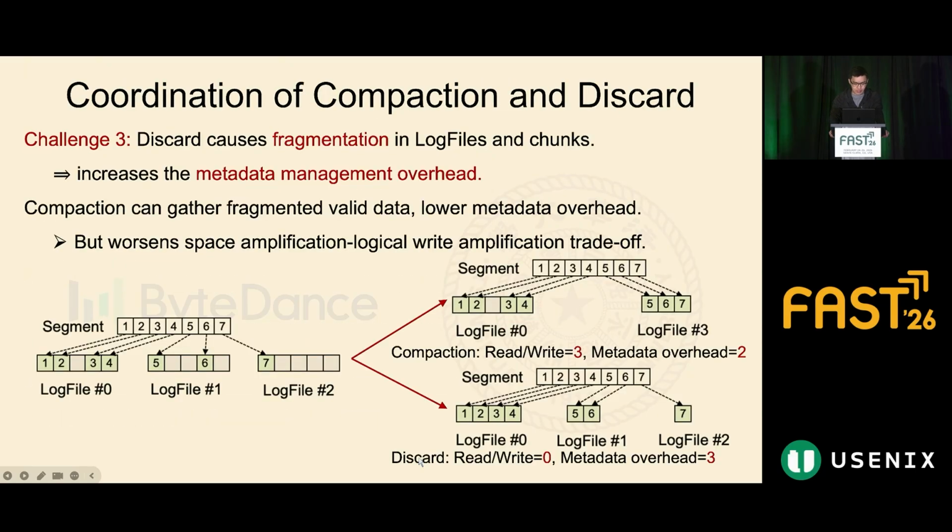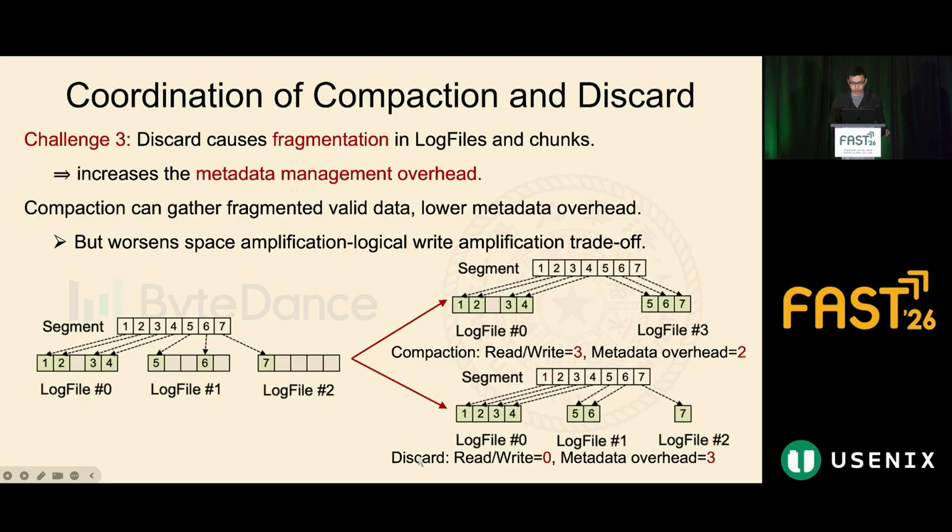The third challenge is discard increases the metadata management overhead in block server. Because discard causes fragmentation in log files, block server needs more memories to store the sparse data ranges. Compaction can gather fragmented valid data, lower metadata overhead. We found that compaction and discard have complementary effects.